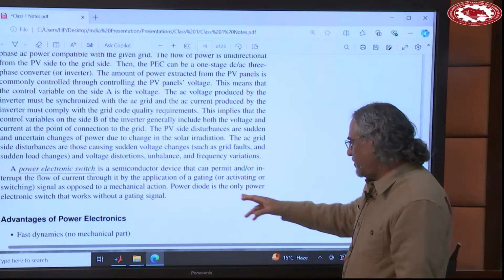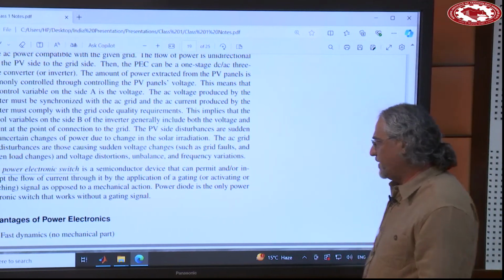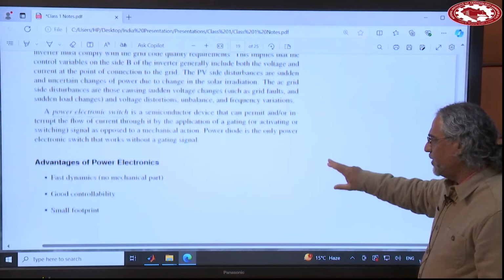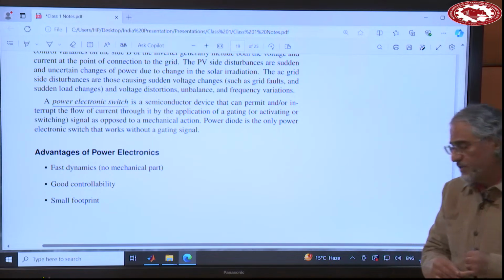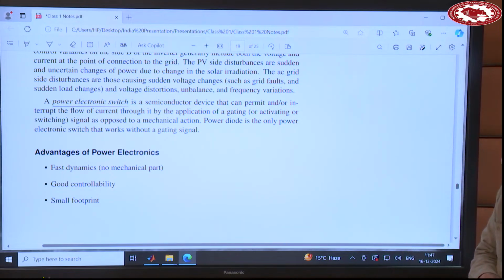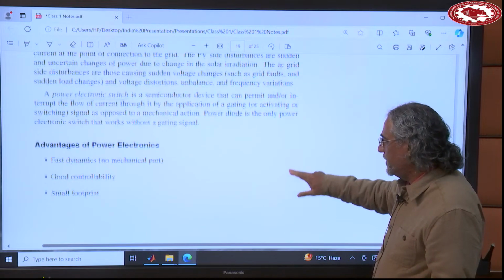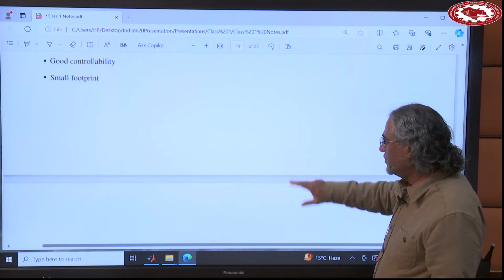Diode is an exception in the sense that it does not have a gating. Advantages of power electronics: basically fast dynamics, there is no mechanical part engaged. They have good controllability, just by one signal you can control, and then a smaller footprint again compared to the mechanical switches.